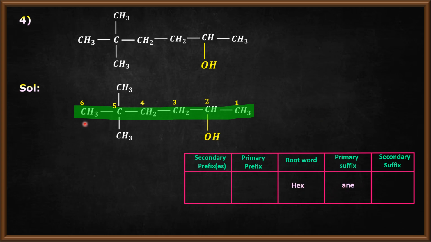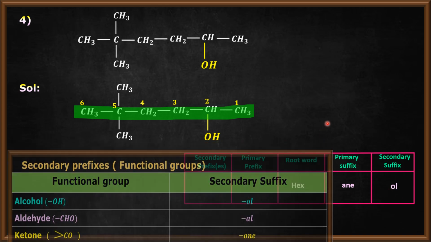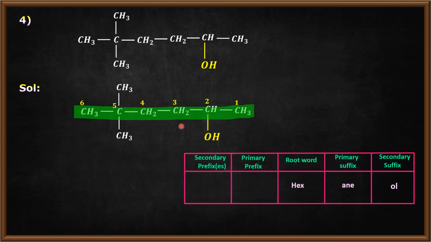Why? Because it contains only carbon-carbon single bonds. The secondary suffix for the OH alcohol functional group is ol, O-L. And there are 2 methyl groups, that is substituents, attached to the 5th carbon atom.